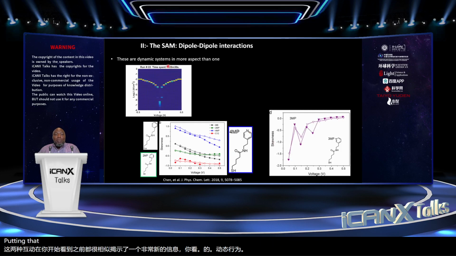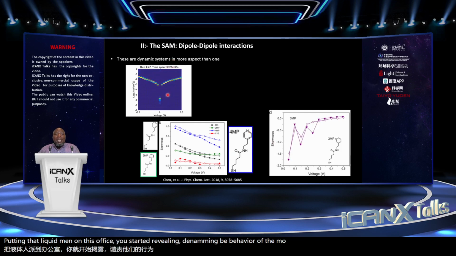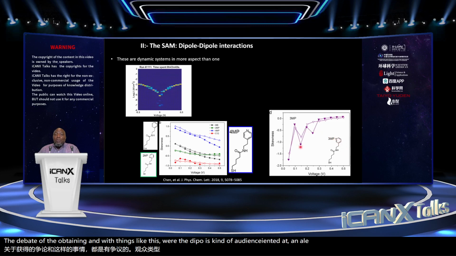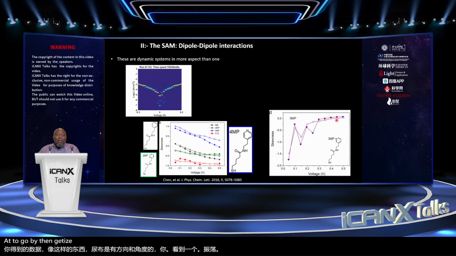Putting that liquid metal on the surface, you start revealing dynamic behavior of the monomer, and it manifests in the skewness of the data that you're obtaining. And with things like this, where the dipole is kind of oriented at an angle, you see an oscillation at low bias, it then gets stabilized as you go to higher bias. So that interaction is very, very important.